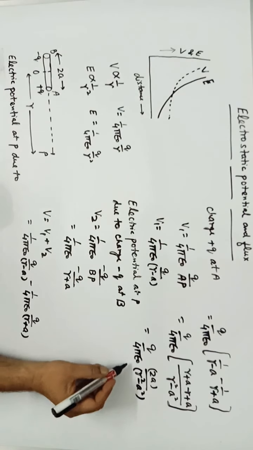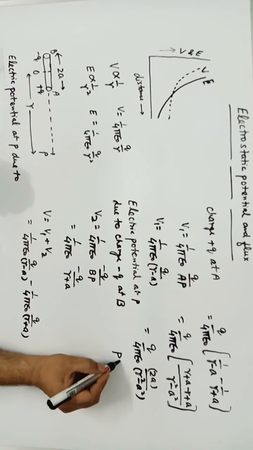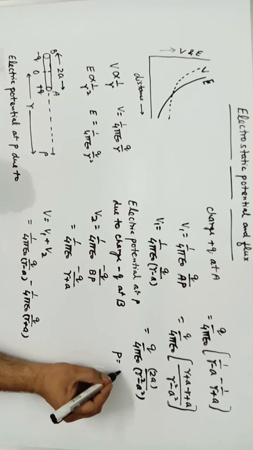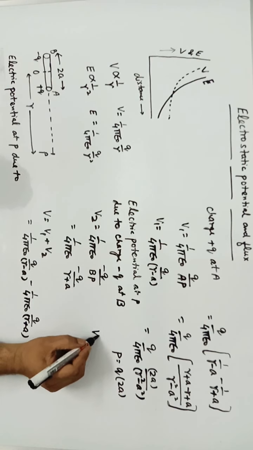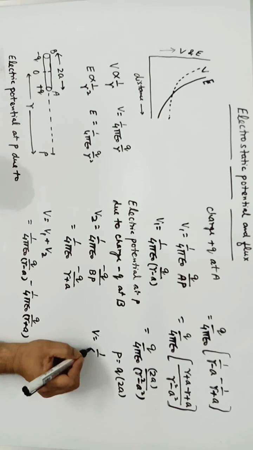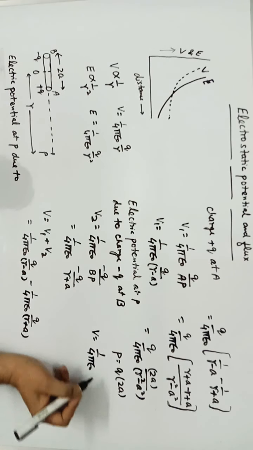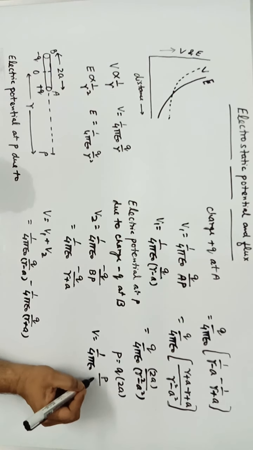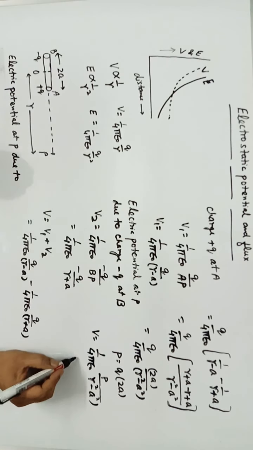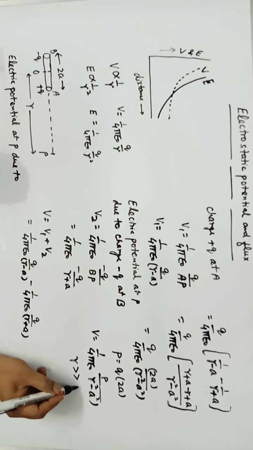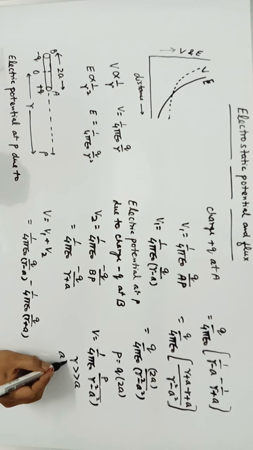But we know this relation, electric dipole moment p is q into 2a. So we write V is equal to 1 upon 4 pi epsilon naught p upon r square minus a square. For r much greater than a, a square can be neglected.